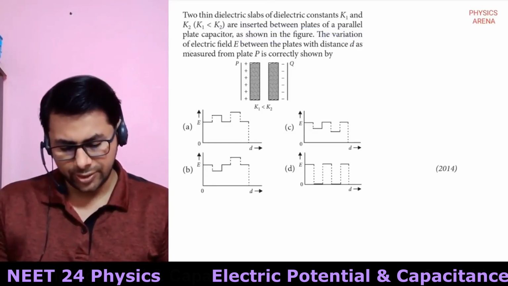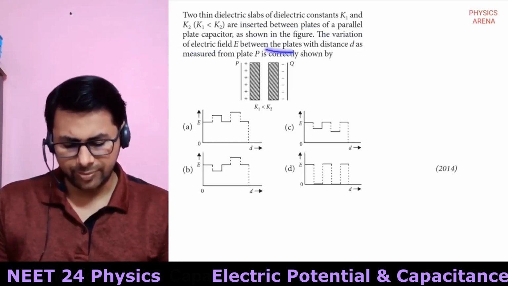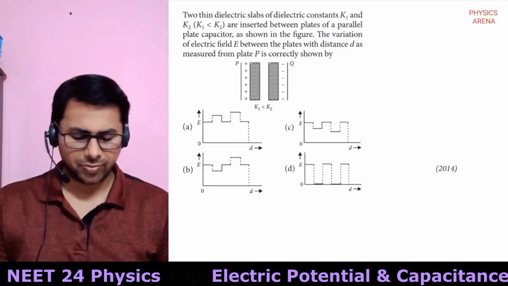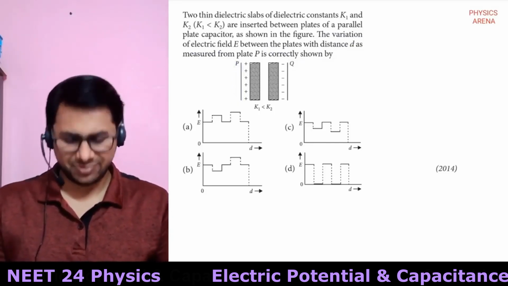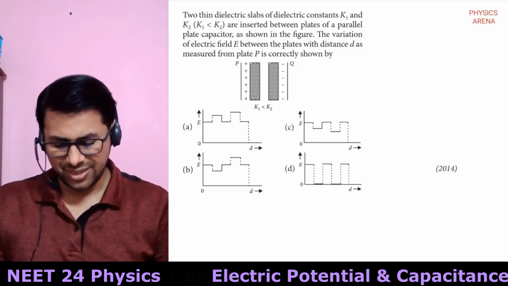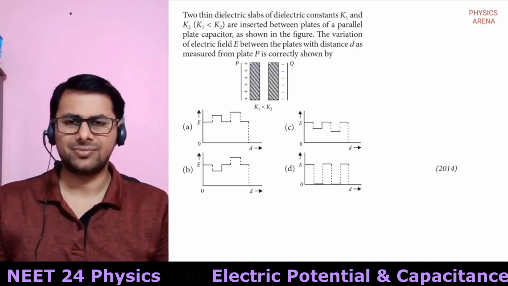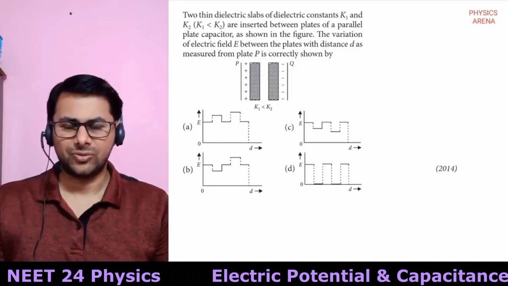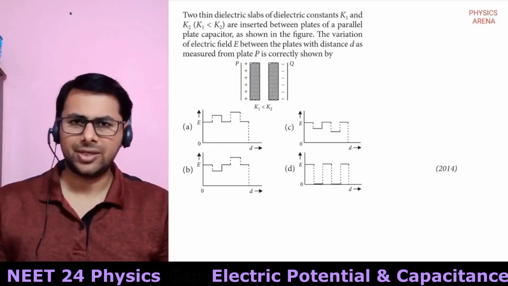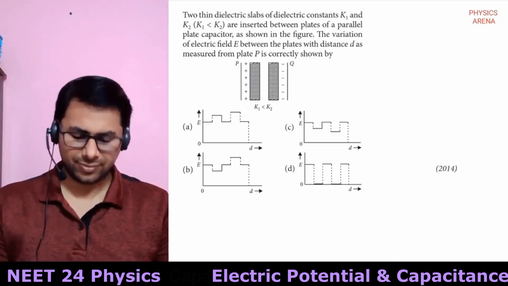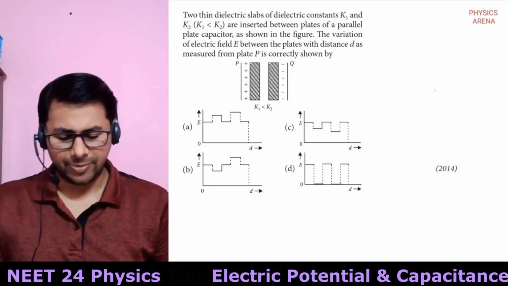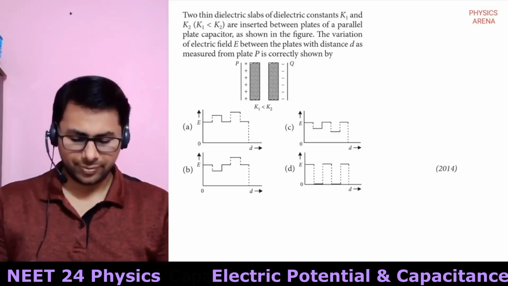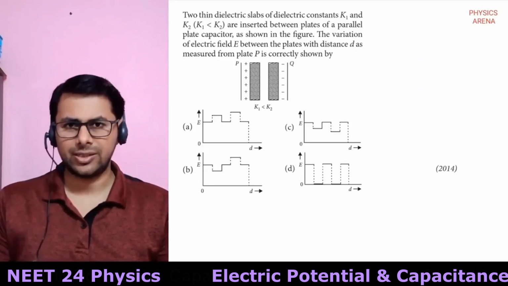The variation of electric field E between the plates with distance d as measured from plate P is correctly shown by, tell me. These are plates. Wherever you have plates, will the electric field increase or decrease? It will decrease because it's E by K. If K is more, it will decrease more; if K is less, it will decrease less.